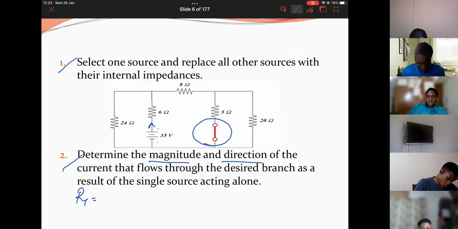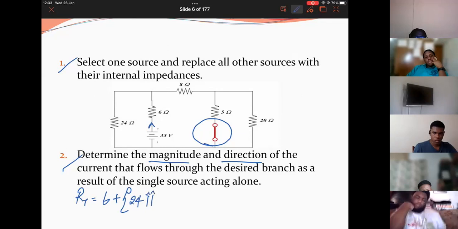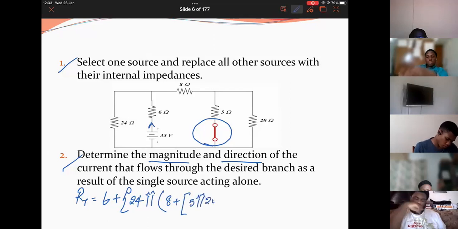RT? All right, so RT is equal to 6 in series with the rest of the circuit, 24 in parallel with the rest of the circuit, 8 in series with the rest of the circuit, and 5 in parallel with 20. So that would be the resistance equation.